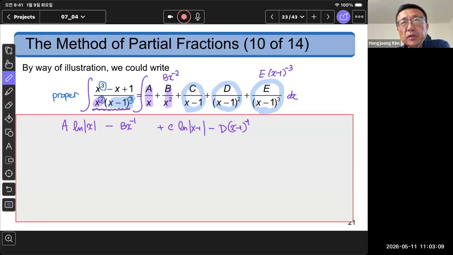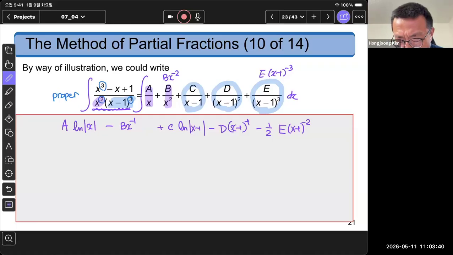And the fifth term, that is e over x minus 1 to the third power. So to get this as the derivative, you must differentiate e times x minus 1 to the negative 2 with minus 1 half in front. Then when minus 2 is multiplied, that minus 2 times negative 1 half will give you plus 1, and you need to decrease the power by 1, then you get x minus 1 to the negative third power, which is 1 over x minus 1 cubed.